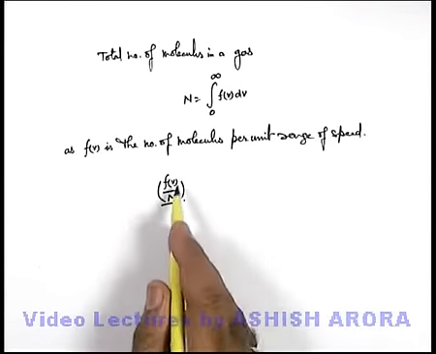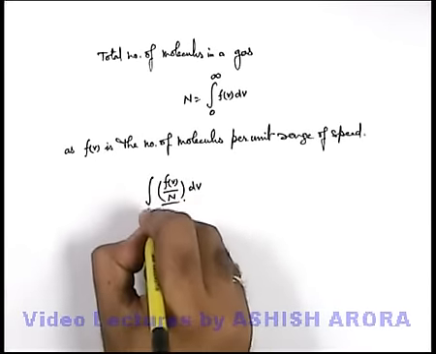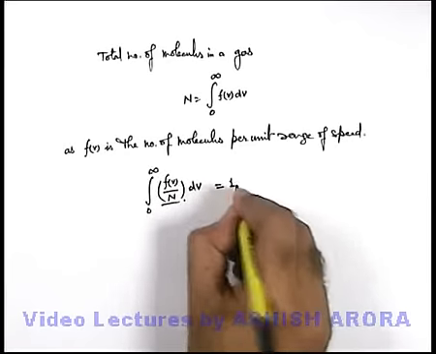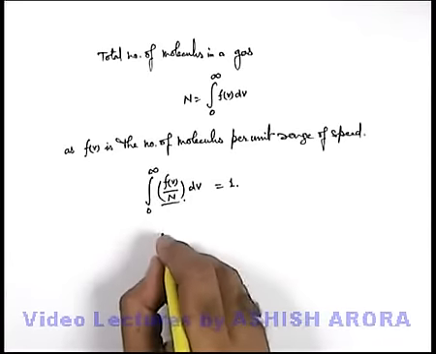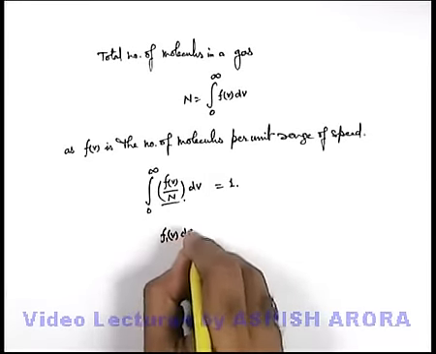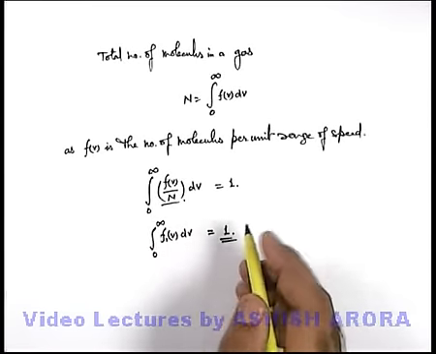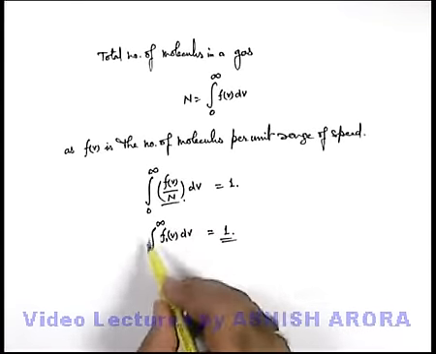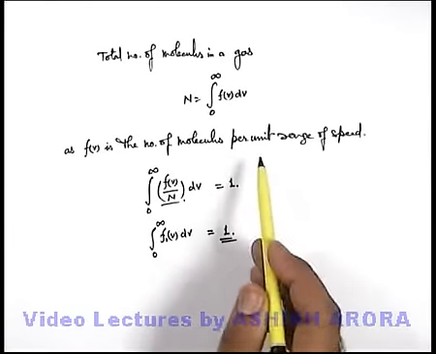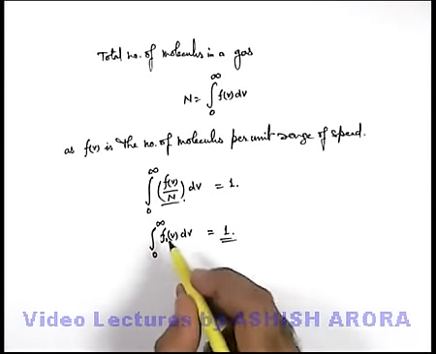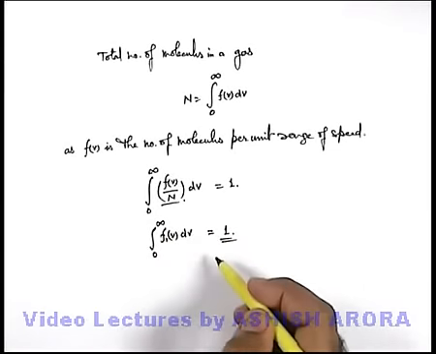If we integrate it by multiplying with dv from 0 to infinity, this will give us unity. This can be defined as another function, f1(v) dv, which is integrated from 0 to infinity, which results in just unity. That means it gives us a probability distribution function for all the molecules, or for any molecule at a particular speed, the probability for its speed being within the range from 0 to infinity is always 1. In this way also you can analyze.